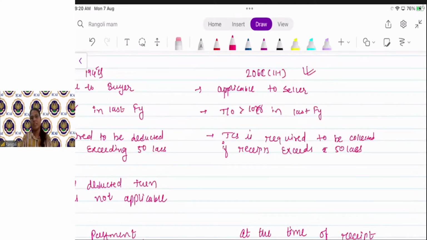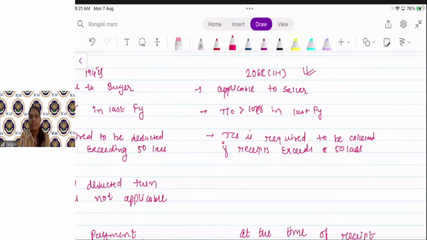What 206C(1H) says is that if the seller is selling goods and receiving more than 50 lakh rupees from a particular customer, say for example, Reliance is selling goods worth rupees 70 lakh to XYZ Private Limited. So it is more than 50 lakh?